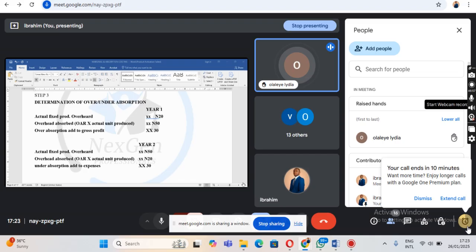So you are supposed to use 50 naira, but eventually your overhead is 20 naira. It means you used less than what you are supposed to use, so it's like a gain to you. That's why we are adding. But for under absorption, you are supposed to use 20, then you use 50. So that is above; it has exceeded what you are supposed to use. So that's an expense to you.